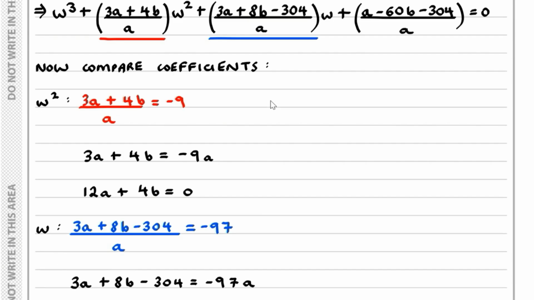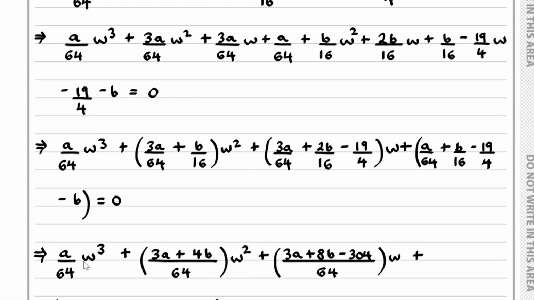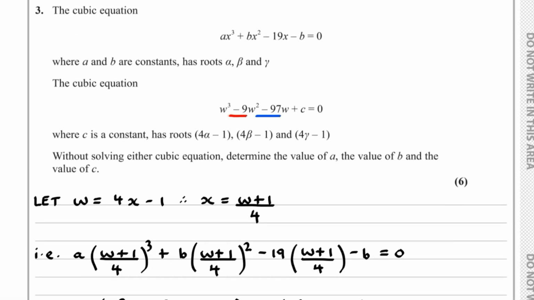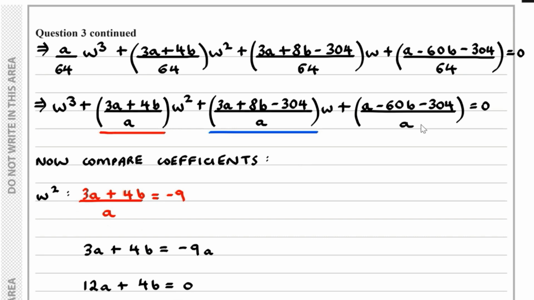And now if we compare the number terms, you can see we have C of them, and here we have a minus 60b minus 304 over a of them.